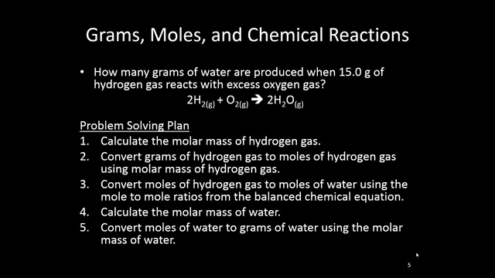Now, it is possible to carry out this calculation in a single long calculation that involves 5 conversions, or you can carry out the calculation in 5 individual steps. I'm going to show you the solution to this problem both ways. You'll note that regardless of which way we do it, we end up with the same answer.